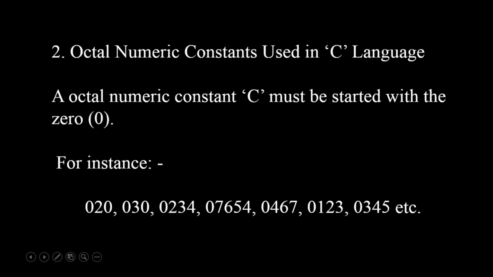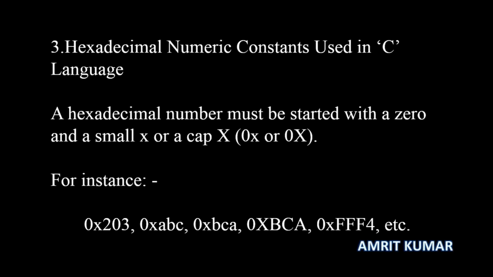Now let's move on to the hexadecimal numeric constant, which is mostly used in the C language. You need to understand all these things relating to the C language because it is the basis of any language. And it is such an interesting language.